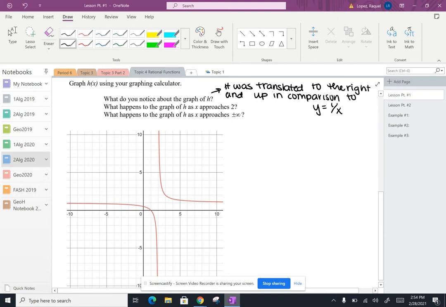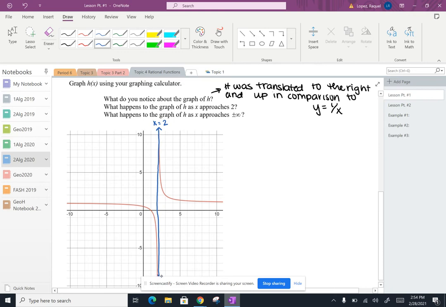The next thing they're asking us is what happens to the graph of h as x approaches 2. I'm going to mark 2 on my grid right here. As x is approaching the x value of 2, here's the line x equals 2.